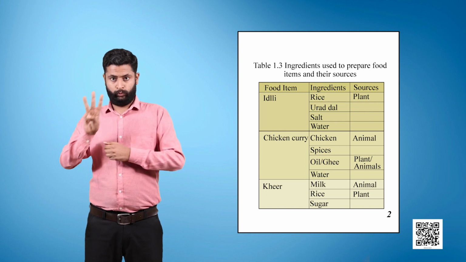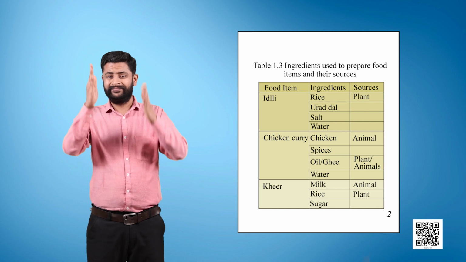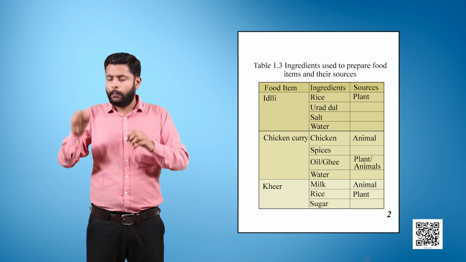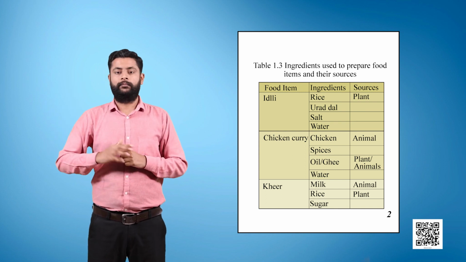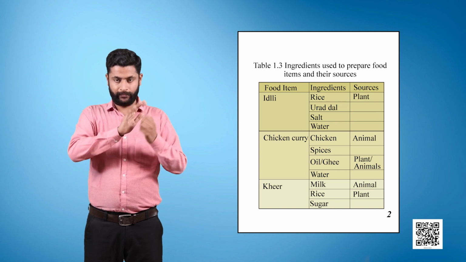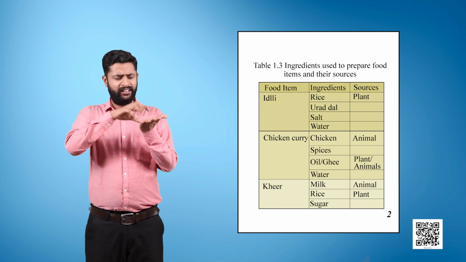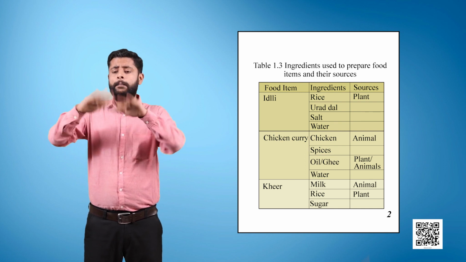There are 3 columns. Column 1, Food item. Column 2, Ingredients. Column 3, Sources. Food item, idli. Ingredients, rice.